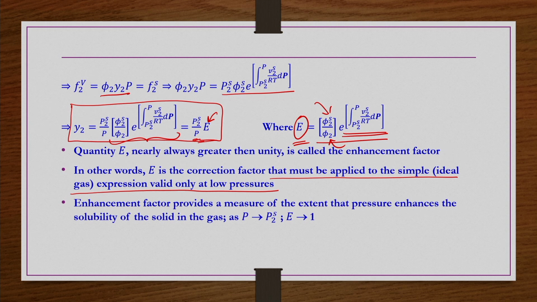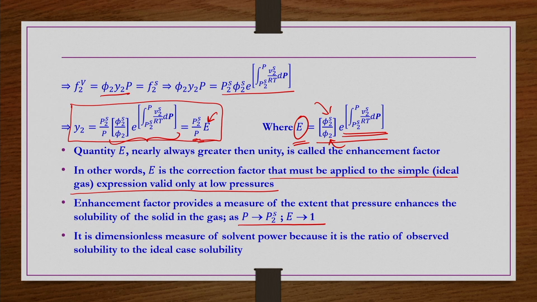Okay. The enhancement factor provides a measure of the extent that pressure enhances the solubility of the solid in the gas, as P tends to P2S and then E tends to 1, right. It is a dimensionless measure of solvent power because it is the ratio of observed solubility to the ideal case solubility.